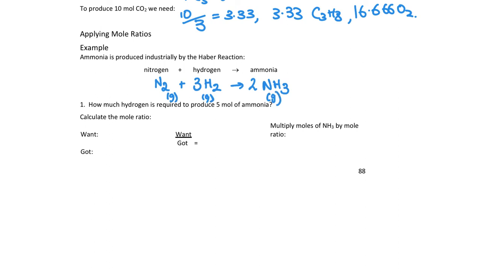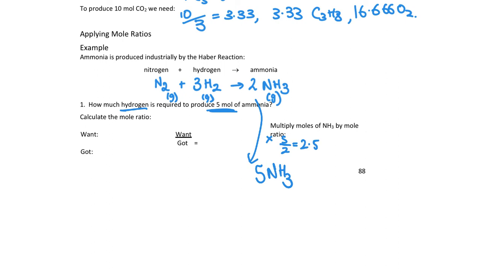Don't forget your states. So this is a mole ratio of 1 to 3 to 2. The question is asking how much hydrogen is required to produce 5 moles of ammonia. So we want 5 NH3. What's the scale factor to go from 2 to 5? Well, you just go 5 divided by 2, 2.5.